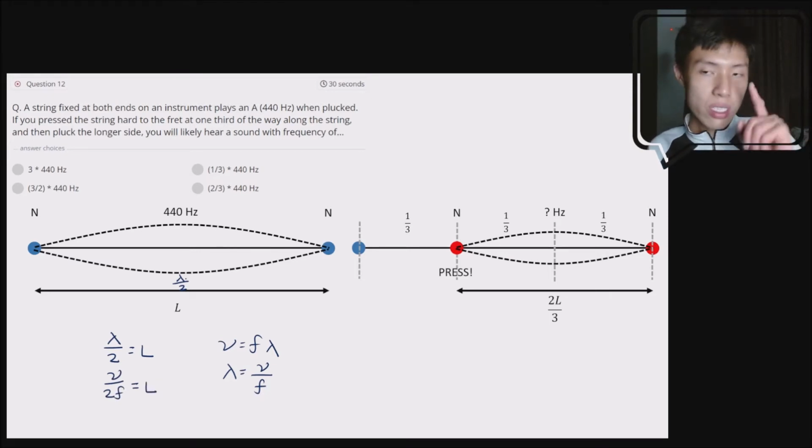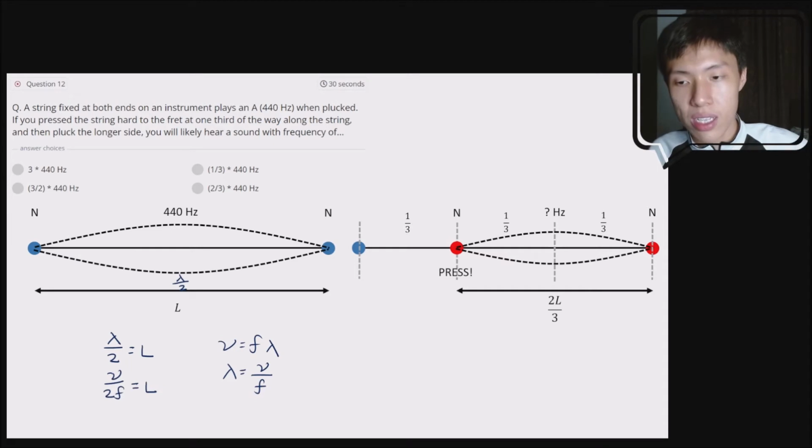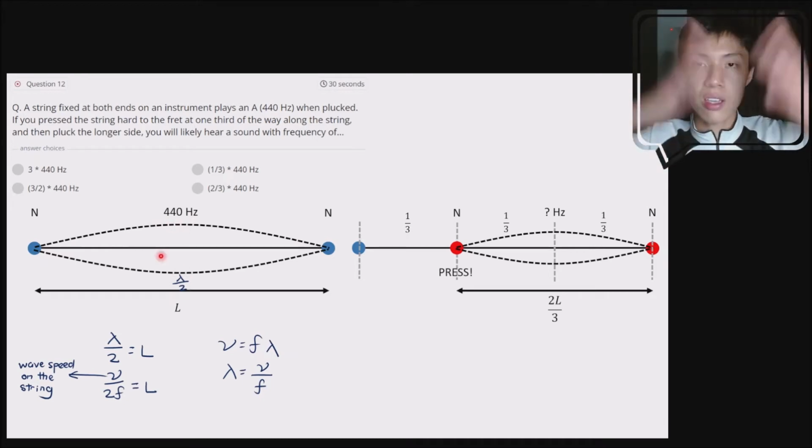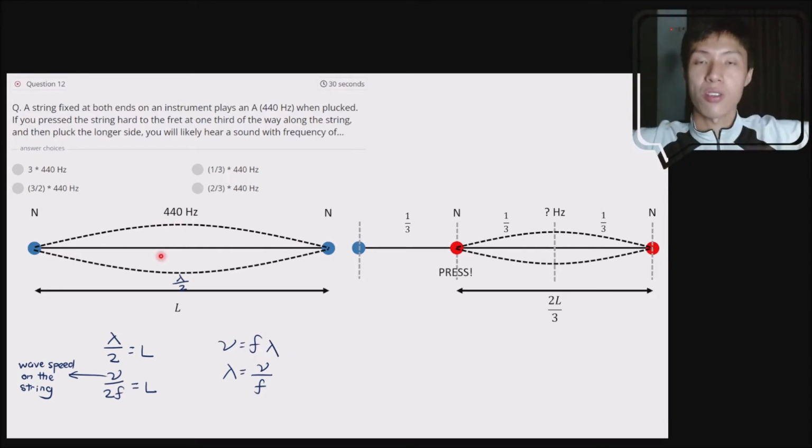Okay, now this is the wave speed on the string. Remember you are doing the wave speed of the string over here. Because this lambda here is a lambda on the string, this frequency is the frequency of the string oscillating.